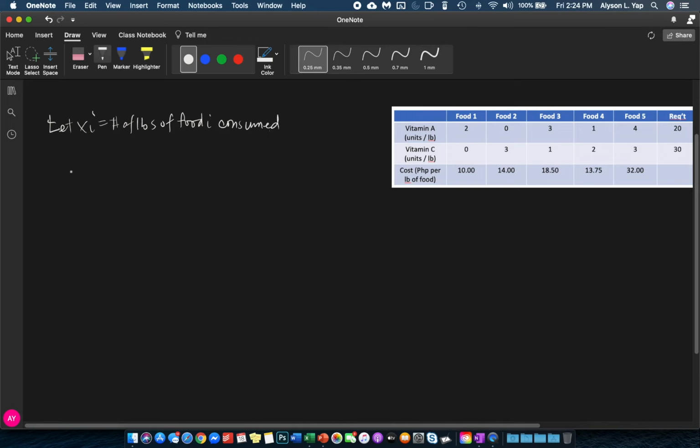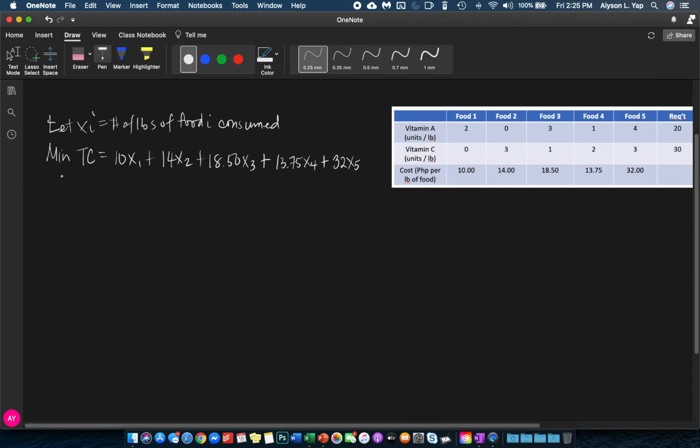Now, because your variables are x sub i, then our objective is to minimize our total cost function. And our total cost function is 10x1 plus 14x2 plus 18.5x3 plus 13.75x4 plus 32x5.